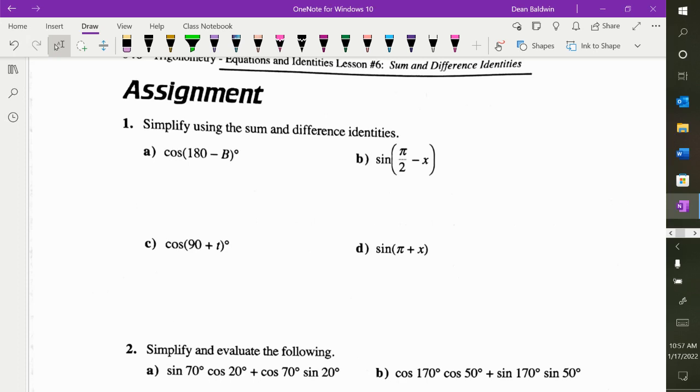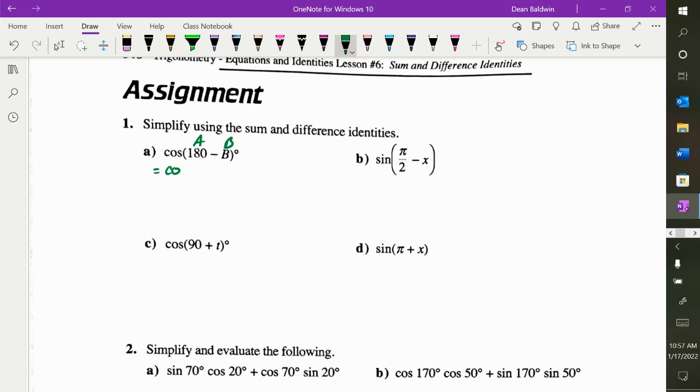1a, simplify. So this is something you can see on your test. Cos 180 minus b. What you want to do is expand it. So there's your a and there's your b. Cos a minus b, what does that equal?